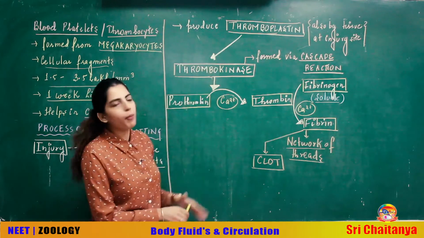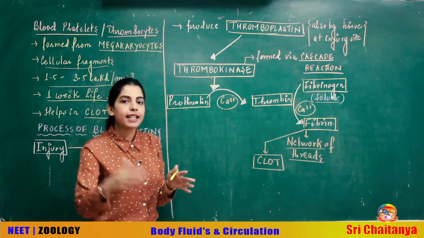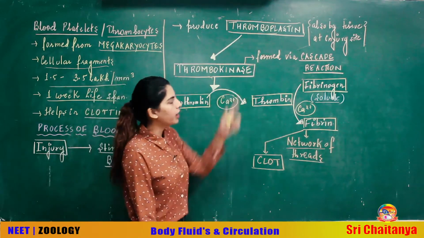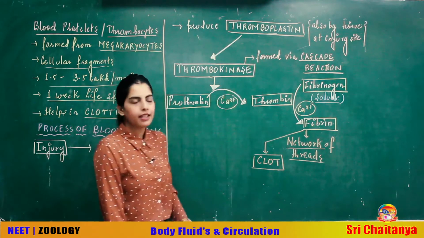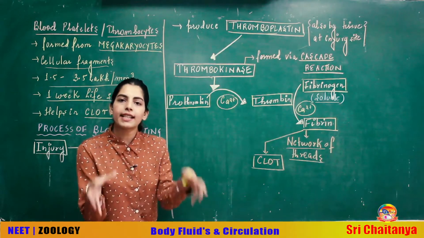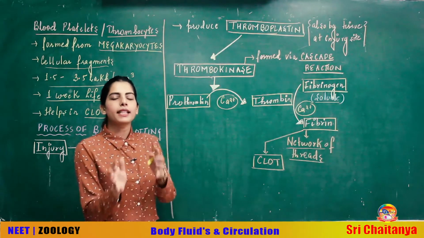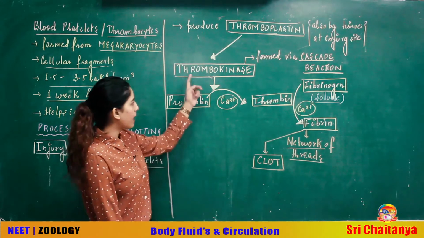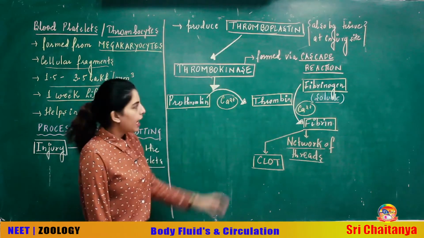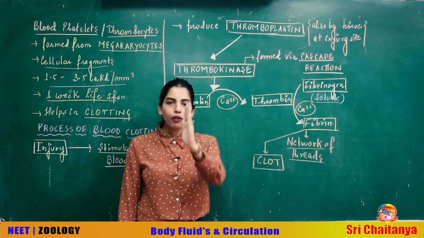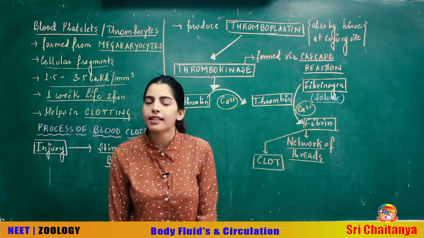Now this thromboplastin, via a cascade of reactions, I have written it over here, ultimately forms an enzyme complex called thrombokinase. And this thrombokinase is not formed directly from the thromboplastin, students.